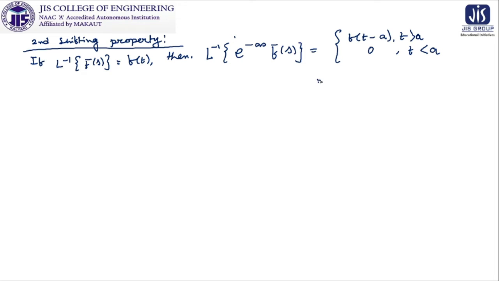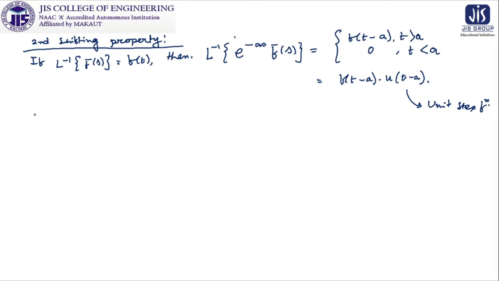We can write these two lines using the unit step function as f of t minus a into u of t minus a, where obviously you know that this is the unit step function.